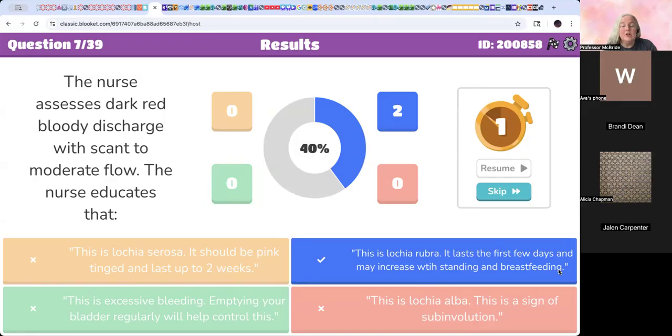Breastfeeding can increase it because during breastfeeding, what hormone is her body releasing that helps the milk let down? Oxytocin. And what is that also going to do for her uterus? It's going to contract the uterus, which is great, right?